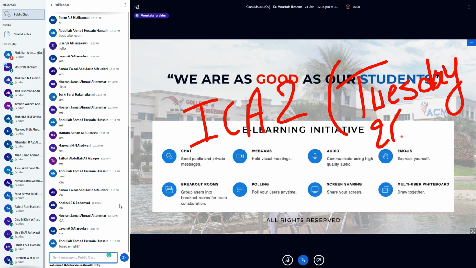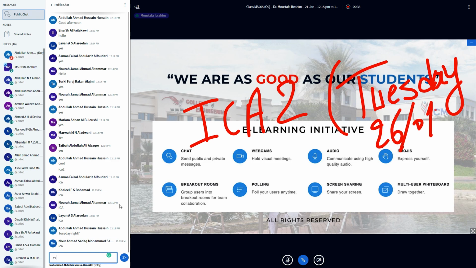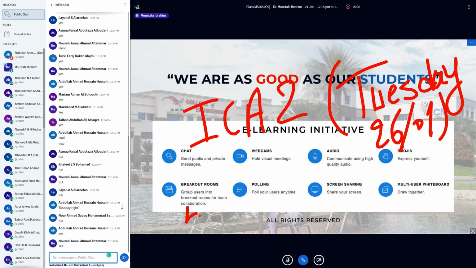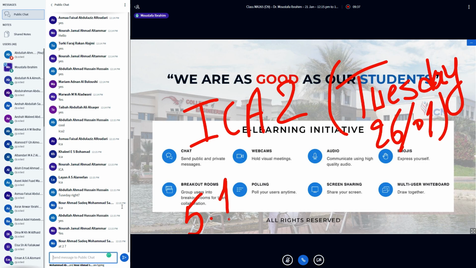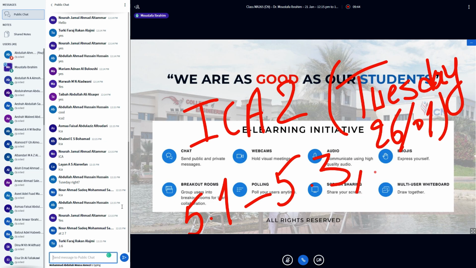It will be 26, right? And what are the chapters? 5.1, 5.3, and we also need 3.6. For 3.6, we need only the standard basis. Today we will talk about it, so today you will know what you need from 3.6.